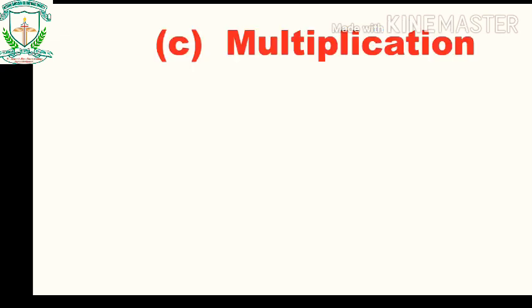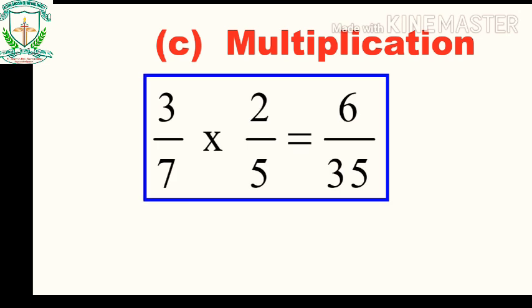Next one is closure property for multiplication. This is third case. Let's see, product of two rational numbers is always a rational number. Let's multiply 3 by 7 and 2 by 5. 3 by 7 is a rational number and 2 by 5 is also a rational number.